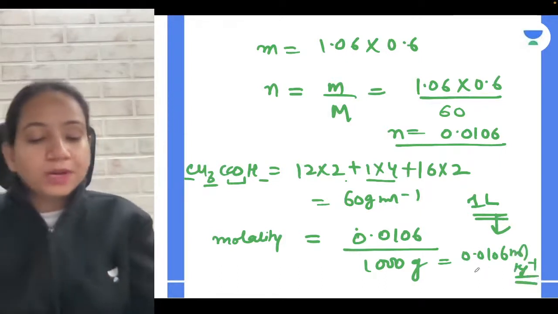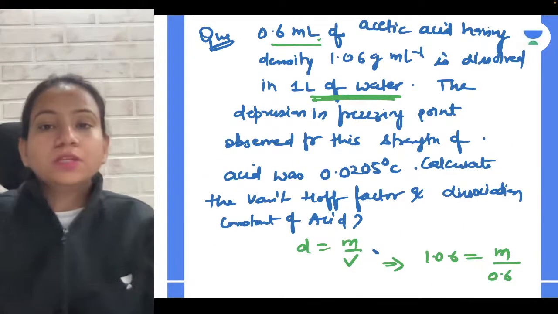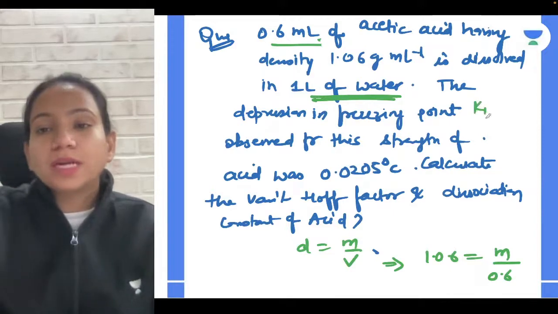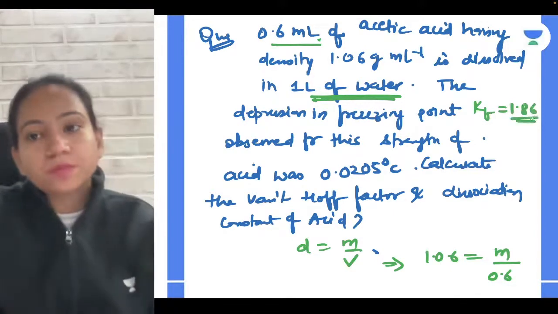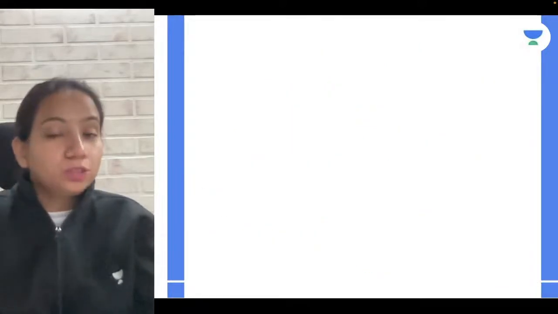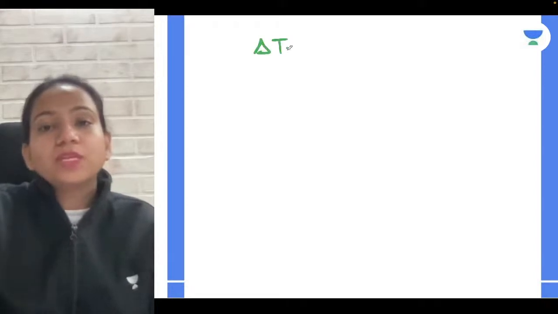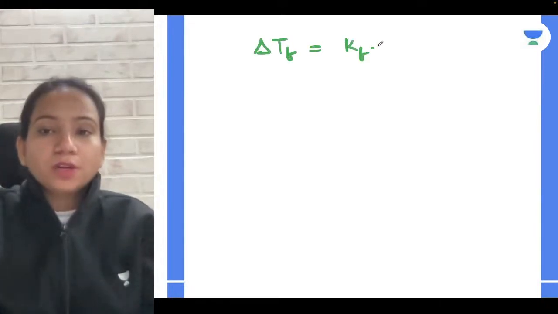So can I calculate the Van't Hoff factor? Yes, it is very simple. First of all, you can remember that the Kf for water is 1.86. It will be given to you in the question also. I can calculate delta Tf by myself, which is Kf times m.